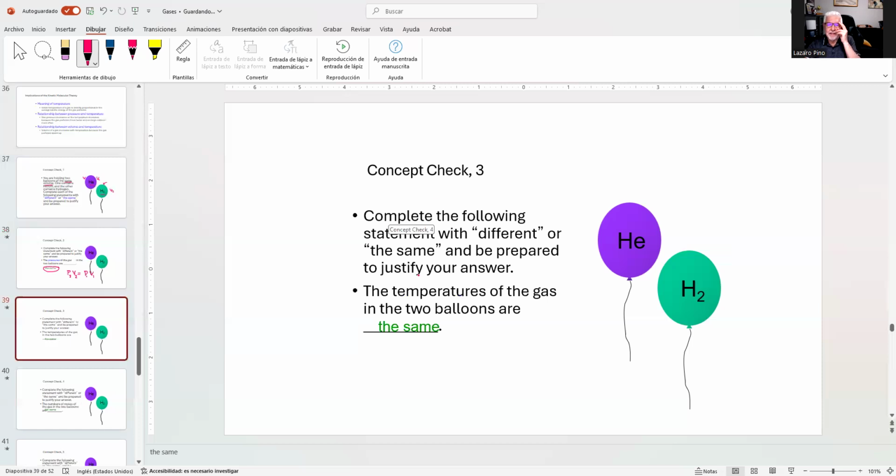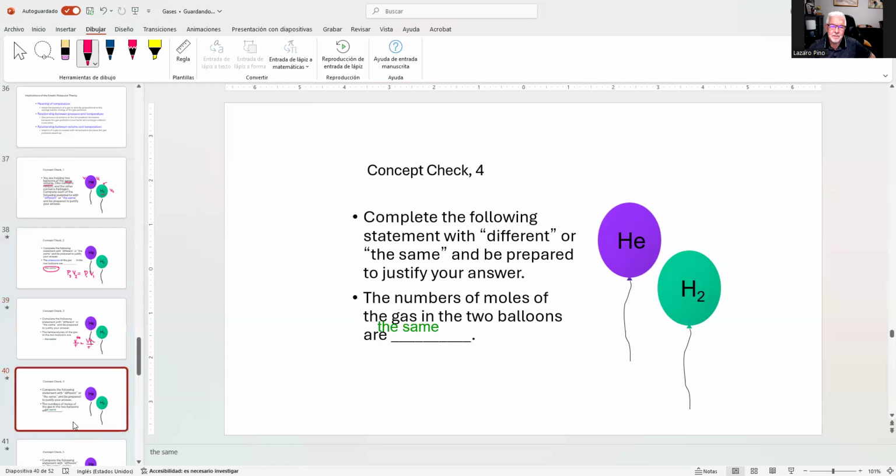Let's see. Complete the following statement. The temperature of the gas in the two balloons is the same. Remember that if the volume of helium and the volume of hydrogen are the same, then the temperature must be the same.